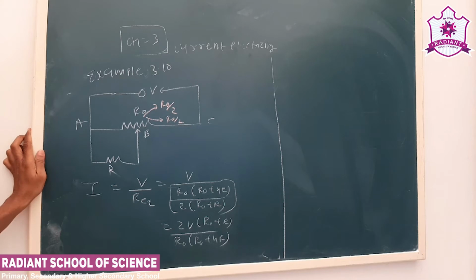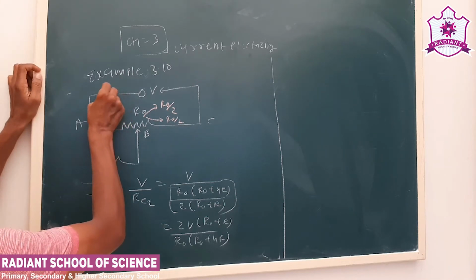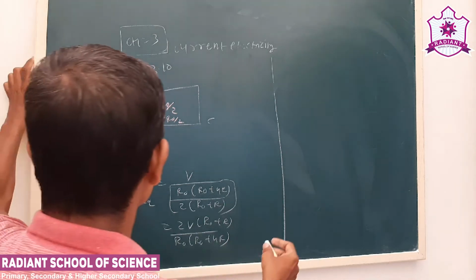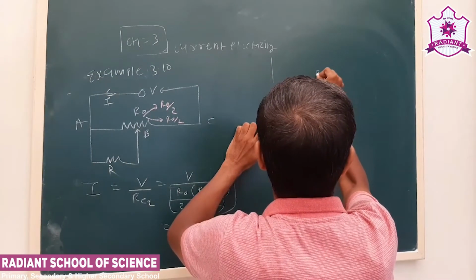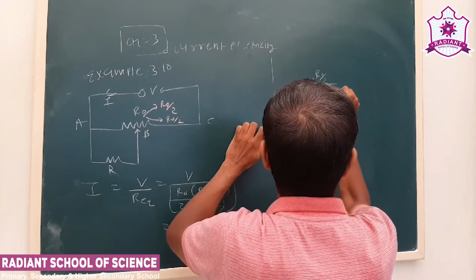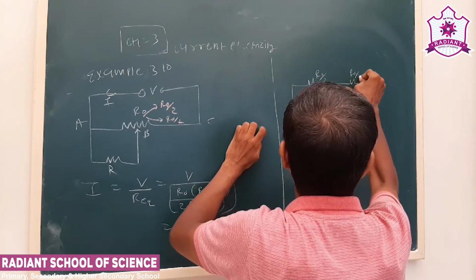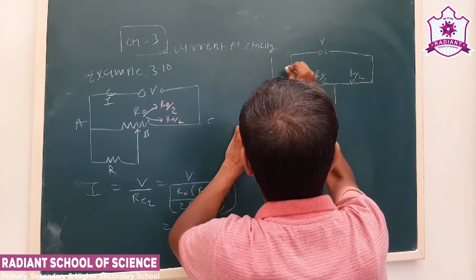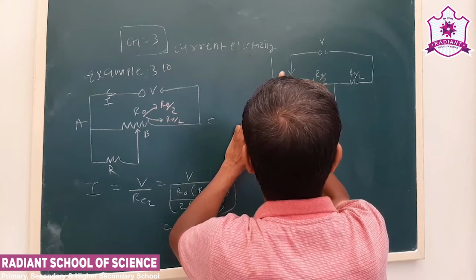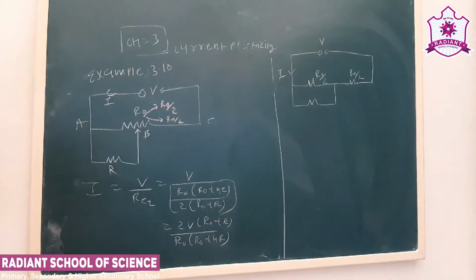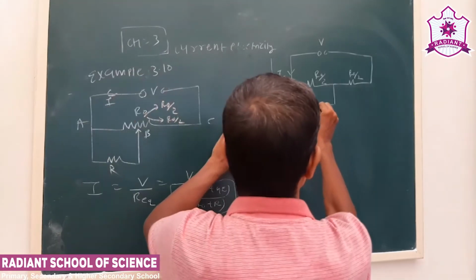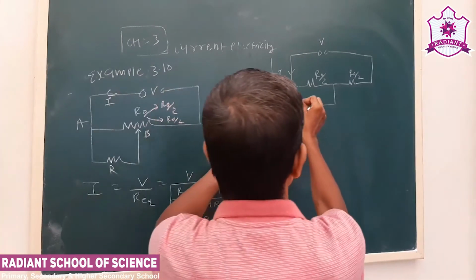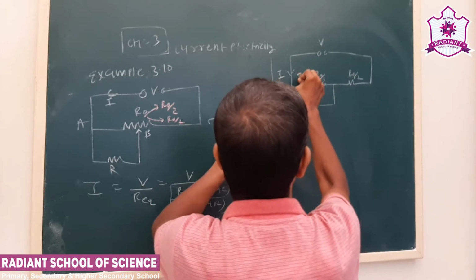Now, see, this is the total current, let us say I. See, we can redraw. This is the total current in the circuit. Now we know that in parallel the current is divided into I1 and I2.